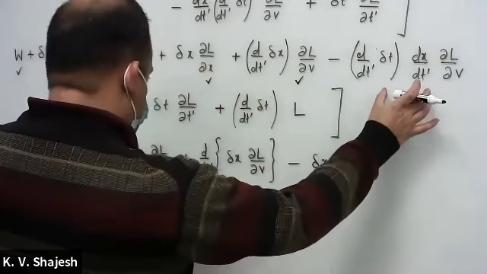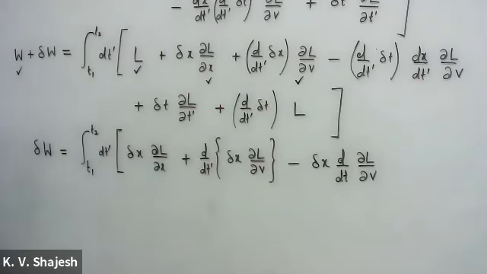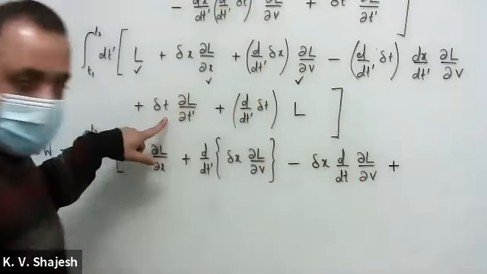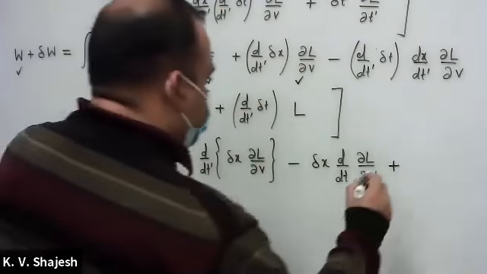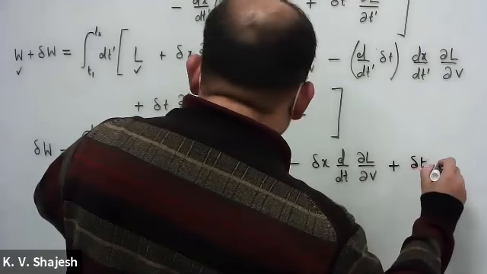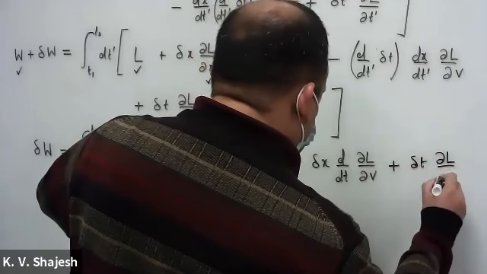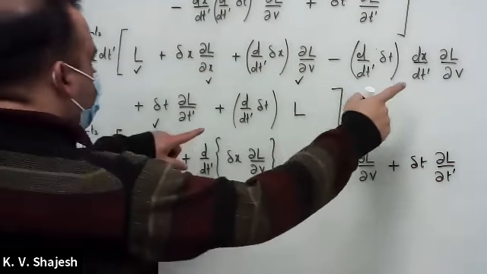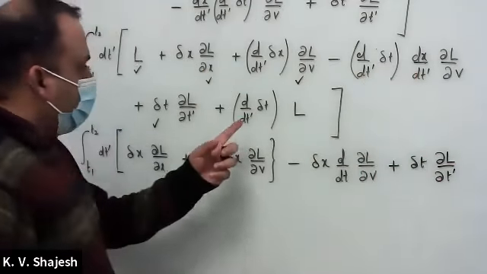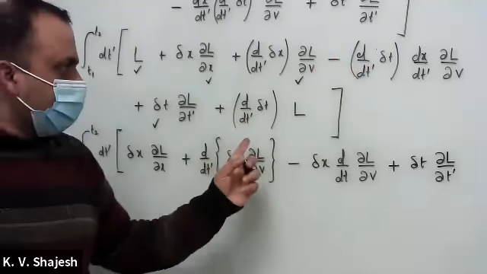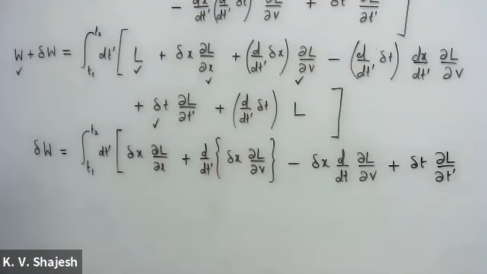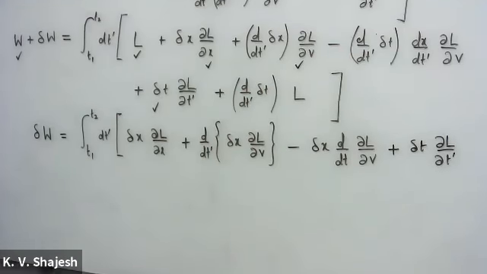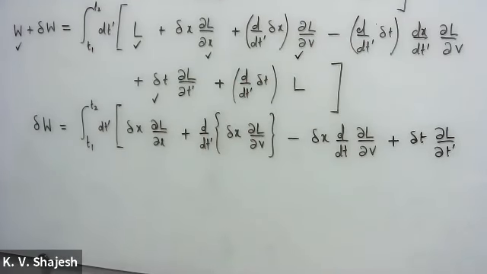Let's do the same thing with this, but before that, maybe I can squeeze this in here because I'll need space. Write this down. So that's delta t by t prime. So that's taken care of. So I have two terms remaining. Both have, I need to release these variations in time there. So I'll integrate by parts again. Or the idea is to integrate by parts. So that's not done there. Okay.